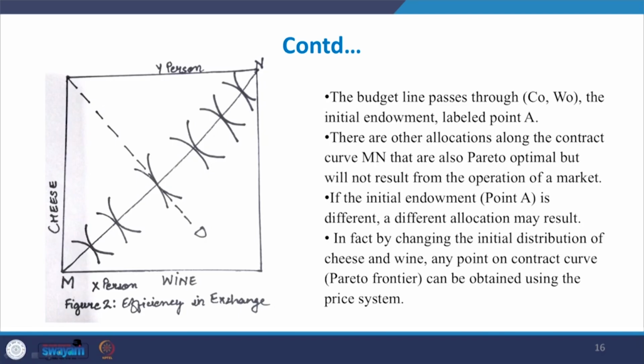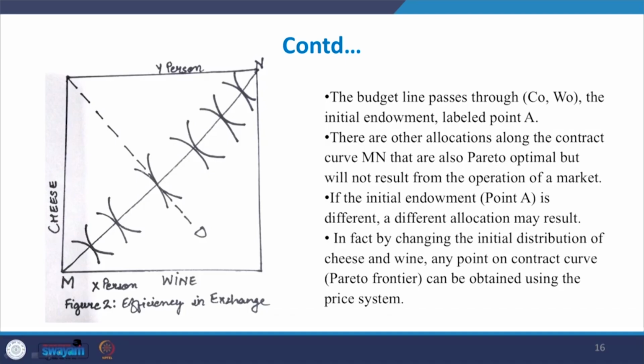There are many allocations on the contract curve MN that are Pareto optimal, as I already told you. You can take any point on this MN line, that is the contract curve or Pareto frontier; they are called optimum points. But not all optimum points can be materialized. That depends upon how much is the budget of the consumers, or how much actual quantity of the two products is consumed by the two consumers.